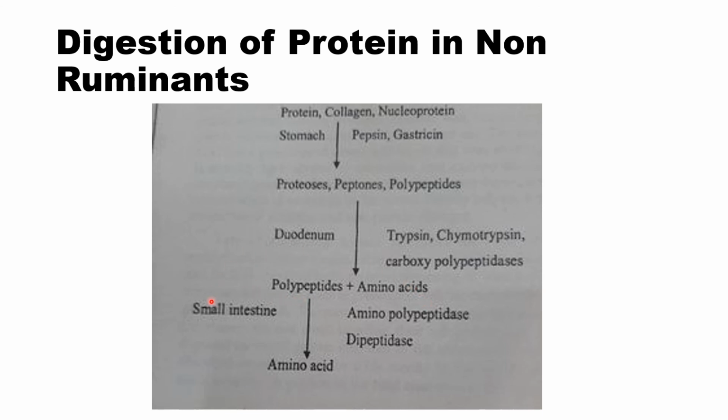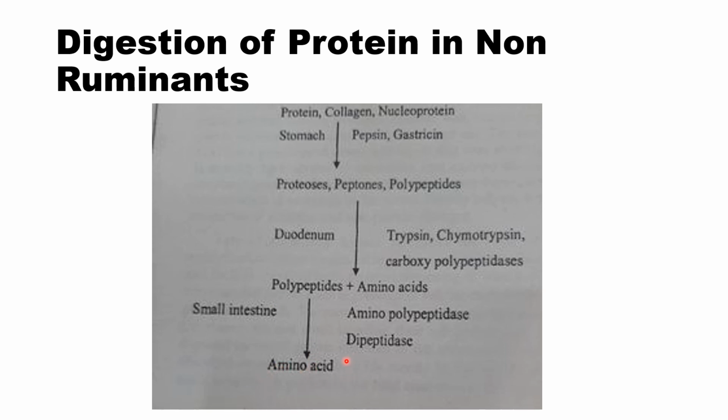Now, with the aid of the aminopolypeptidase and the dipeptidase, itong polypeptides plus amino acid, i-break down na nila tuluyan itong polypeptides at yung matitira na lamang is yung amino acid.